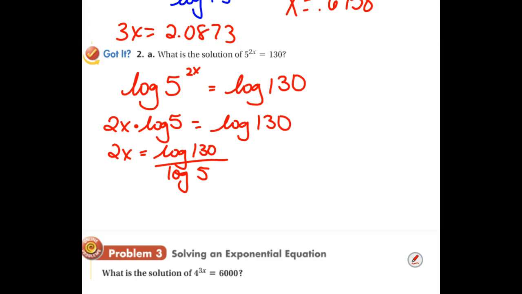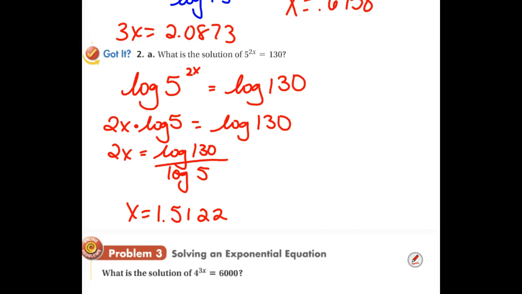And then I'm going to take that answer and divide out my 2. Okay? What do we end up with? For the final answer, 1.5122? Yes? Okay.